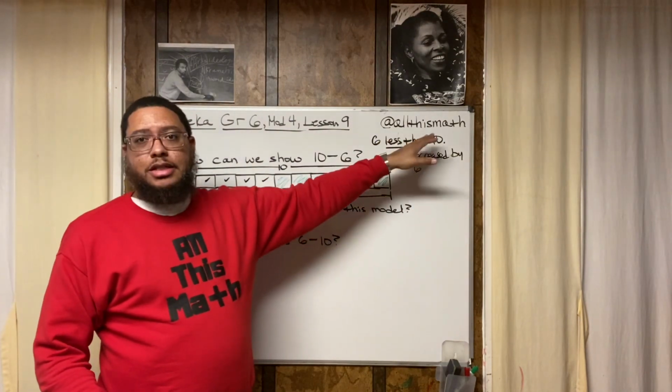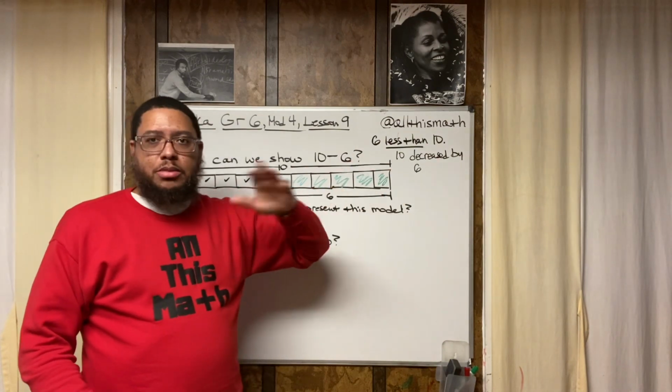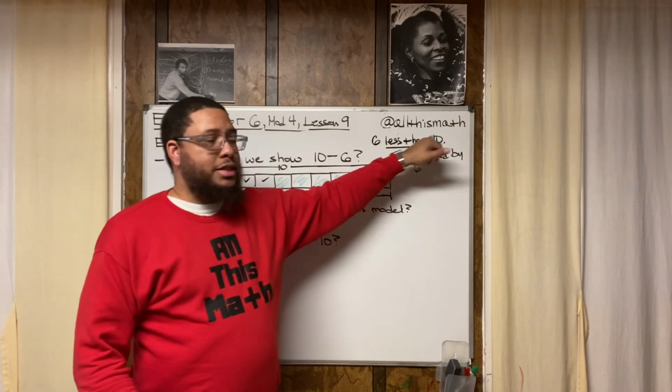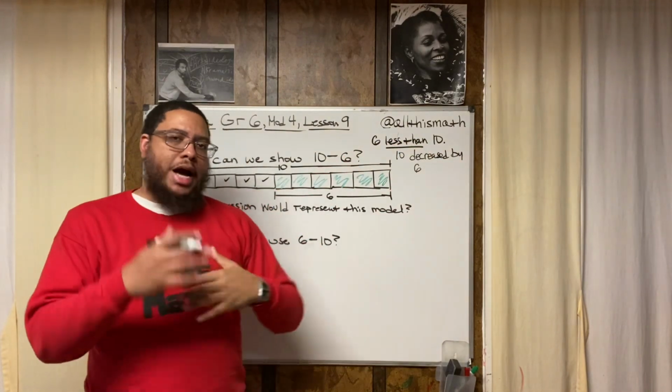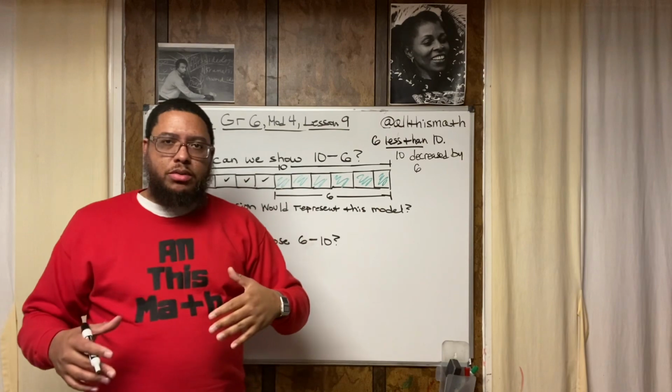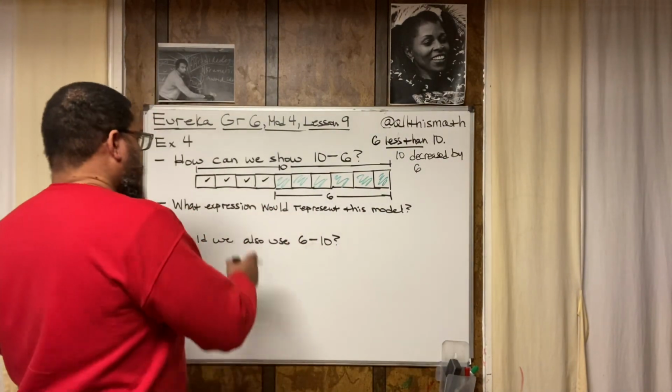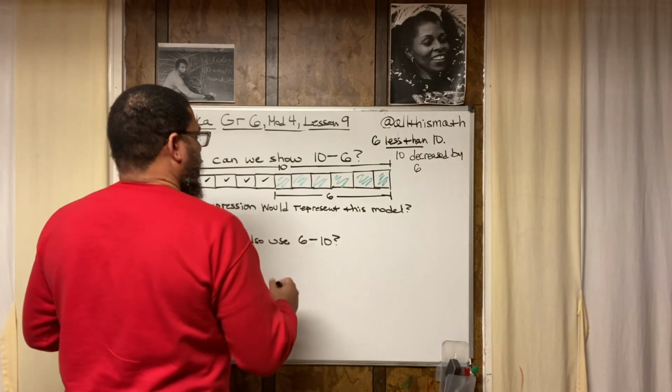It doesn't matter what the numbers are or what the variables are, they want to do 6 minus 10. They want to follow the order. But you've got to switch the order around. That's mandatory.